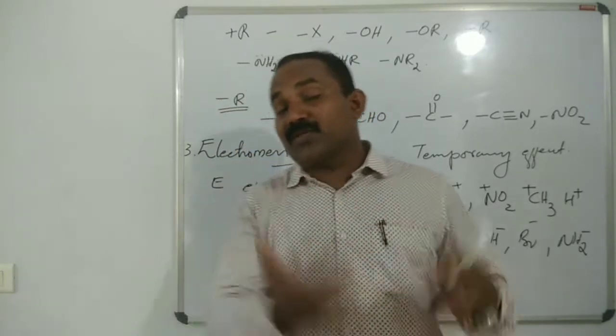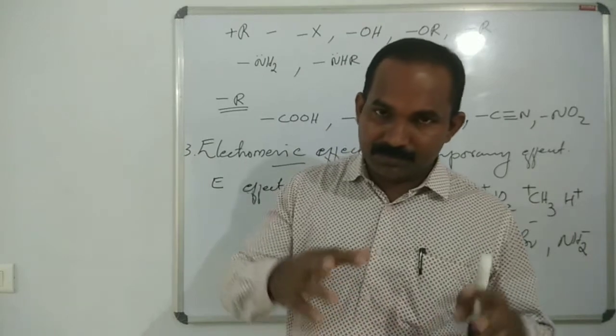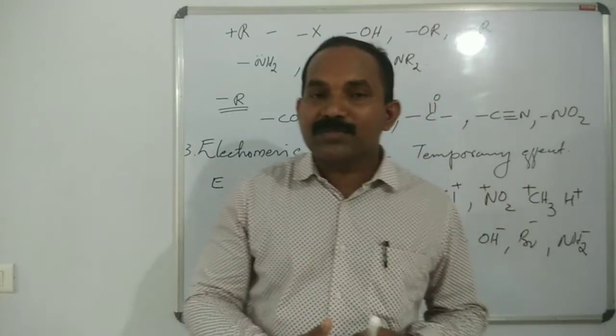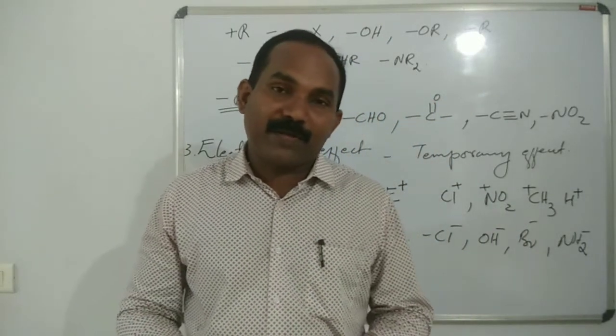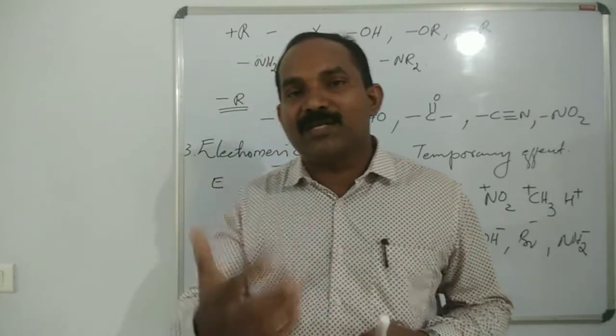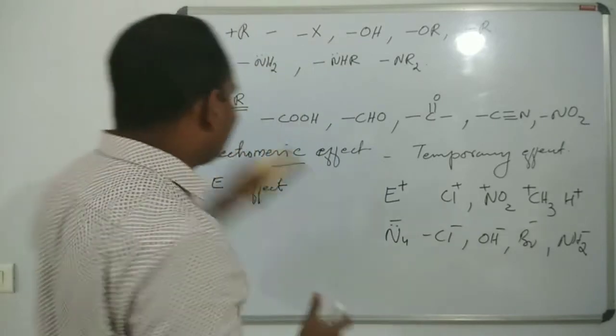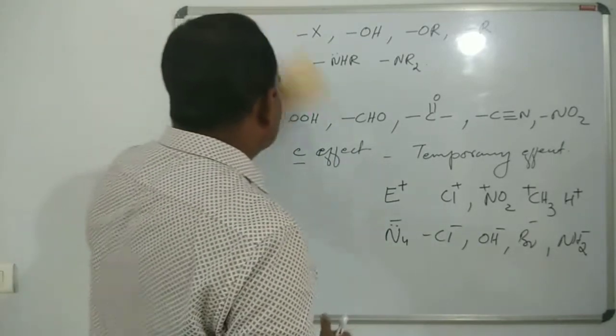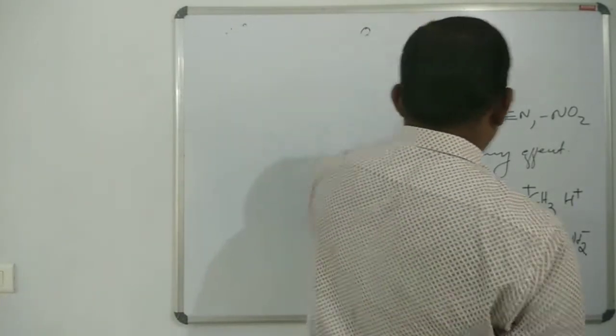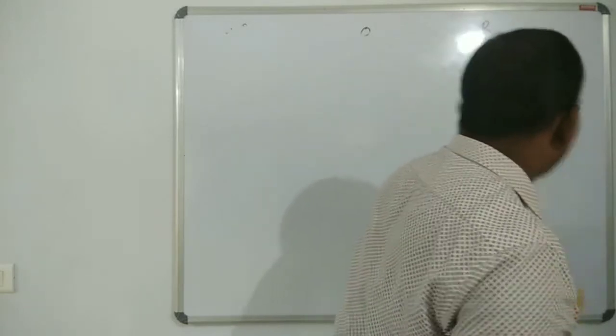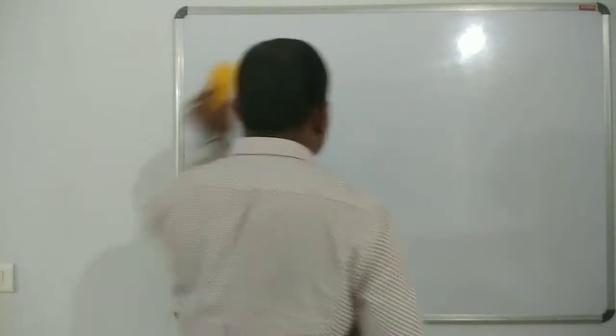When an electron rich molecule, a nucleophile, comes, the effect is called a negative electromeric effect. Okay, let's discuss one by one. First of all, positive electromeric effects.